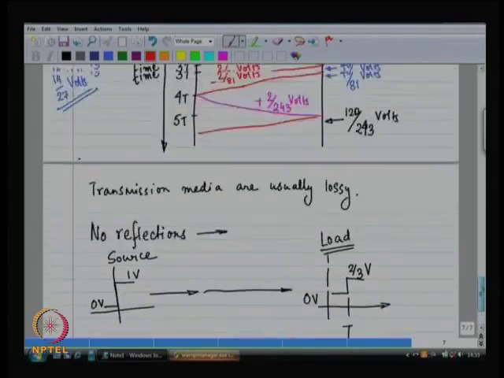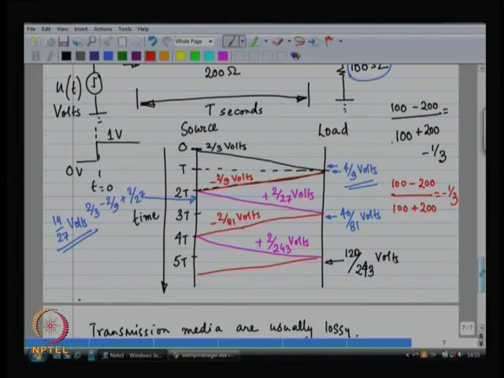I mean, you tried your best and you designed ZL to match Z naught, but it is not exactly equal. Then what do you do? Do you have any other choices? Yes. The next thing that you have to do is to try to make sure that the reflection at the source is also very small.